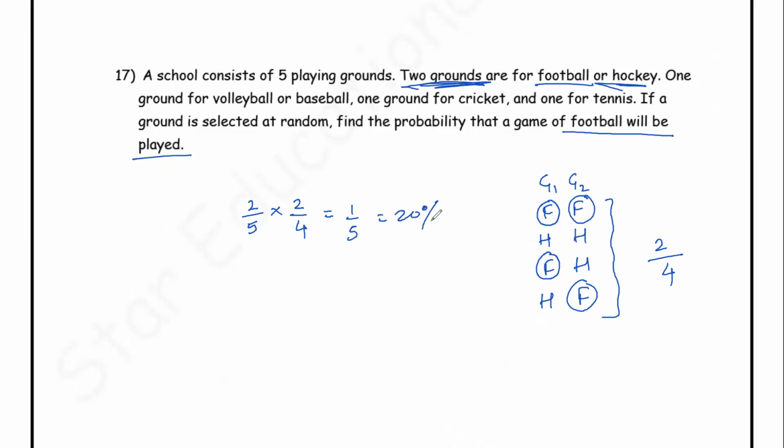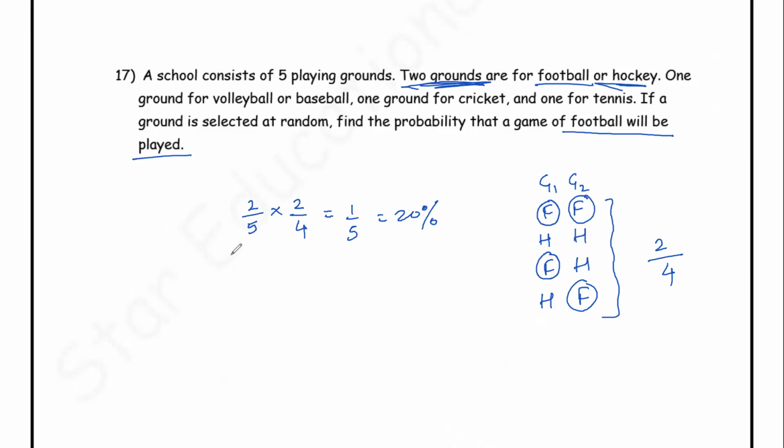So I'm getting a 20% answer. But you see, I could be right also about the fact that because a single ground is selected, I have to look at only the possibility of football being played on any one ground.